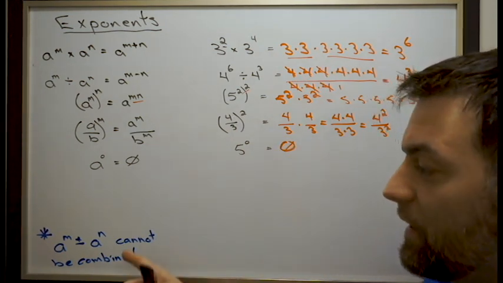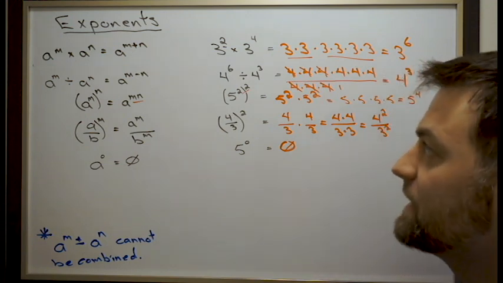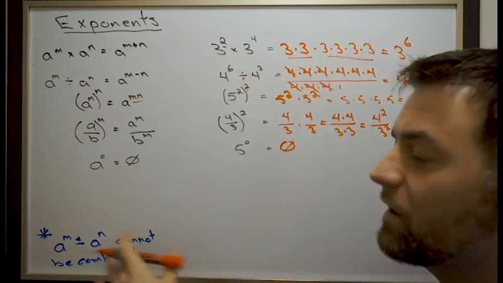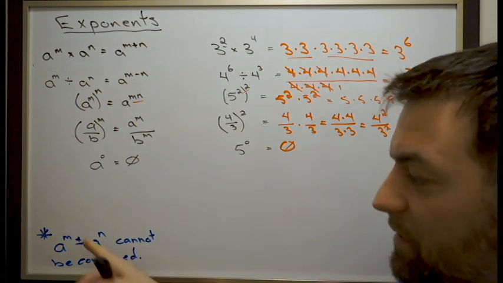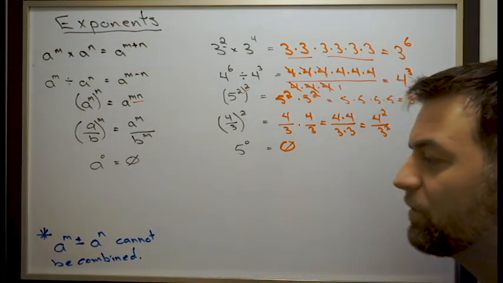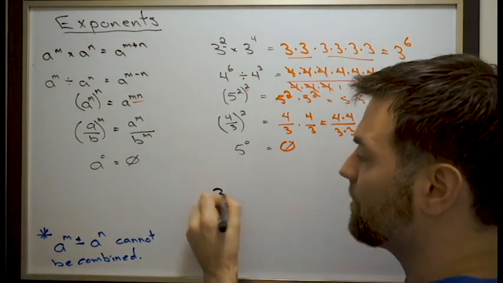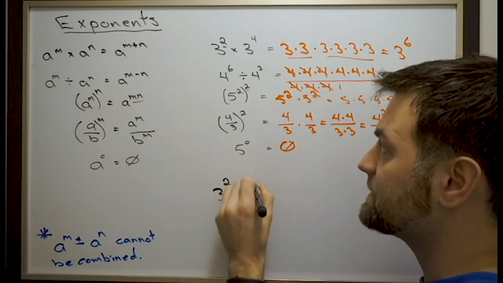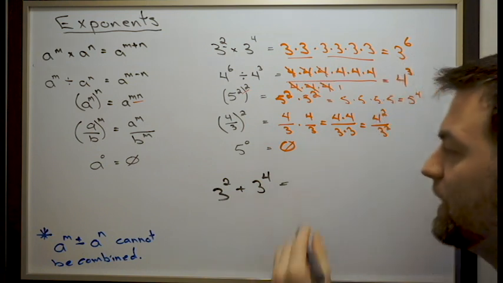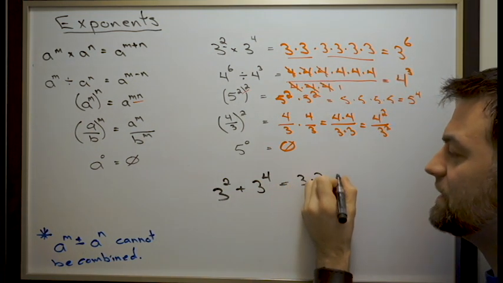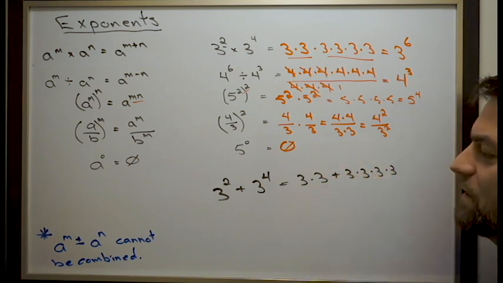Now, it's important to note that we cannot combine these terms together. So here we're combining these into one. You cannot combine these together if you have a plus or minus. That plus-minus just means plus or minus. Both cases are there. So if we had an example, say 3 squared plus 3 to the 4, that will not work. We have 3 times 3 plus 3 times 3 times 3 times 3.